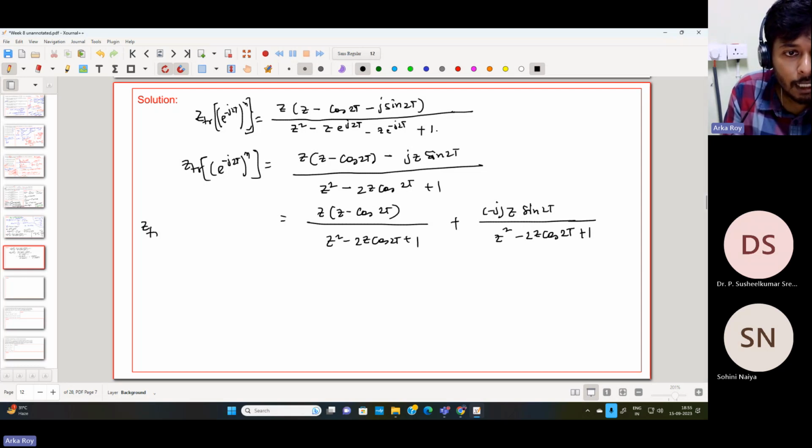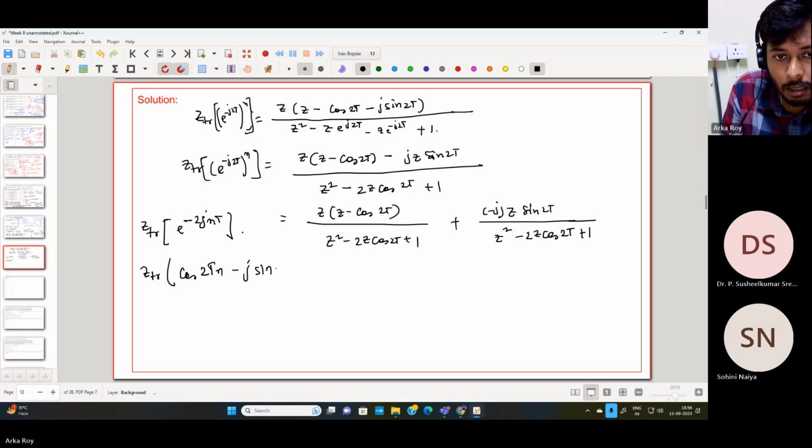Conversely, I'm writing it as e to the power minus j 2nt. So this thing I can write as the z transform of cos 2tn minus j sine 2tn, or 2nt, whatever you like to write.